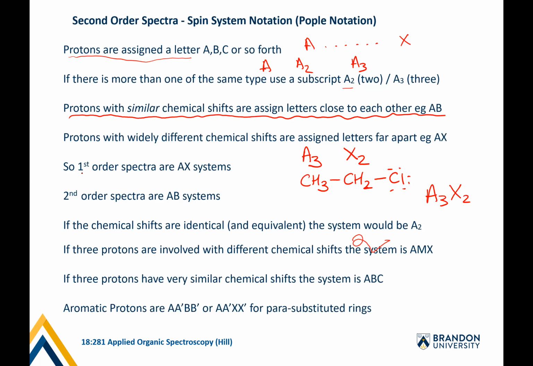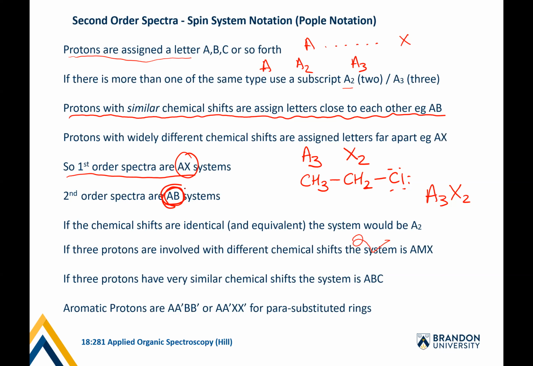So all first order spectra, which we were dealing with in the past, would be AX systems. And when you get protons that are close to each other in chemical shift, but have large coupling constants because they're like diastereotopic or something, these would all be AB systems.